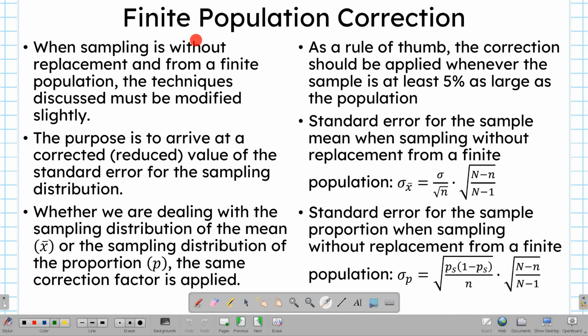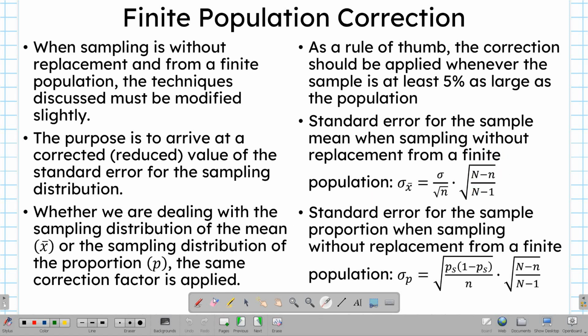However, when sampling is without replacement and it's from a finite population, meaning the population size is given, the techniques that we have discussed must be slightly modified. And that slight modification is this. Whenever we're dealing with the sampling distribution of the mean or the proportion, the same correction factor is applied.